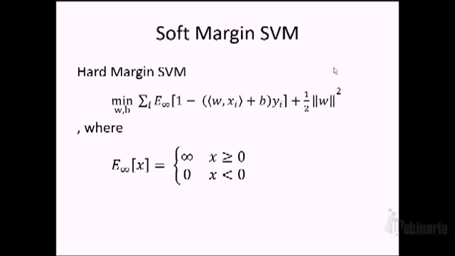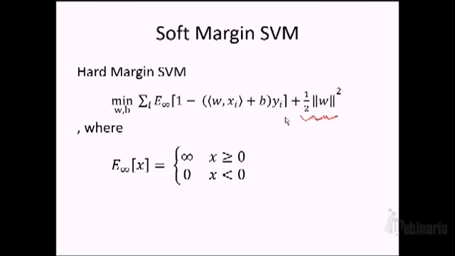Now, let's see the soft margin version of SVM. And first, let's look at the hard margin SVM from another perspective. So, we formulated the hard margin SVM as a constrained optimization problem. But we can also formulate it this way.